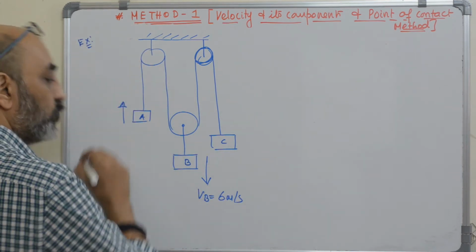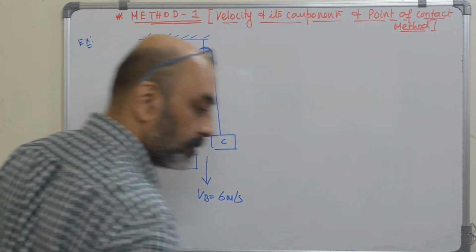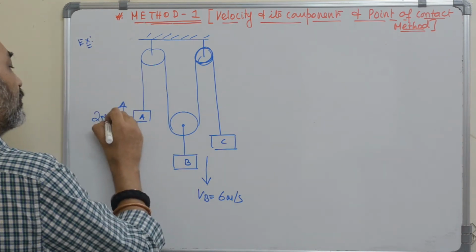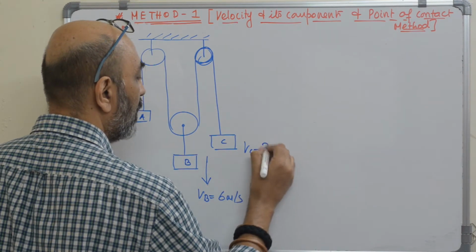A is moving up with a speed of 2 meter per second. तो VC का वैल्यू क्या है पूछा है.